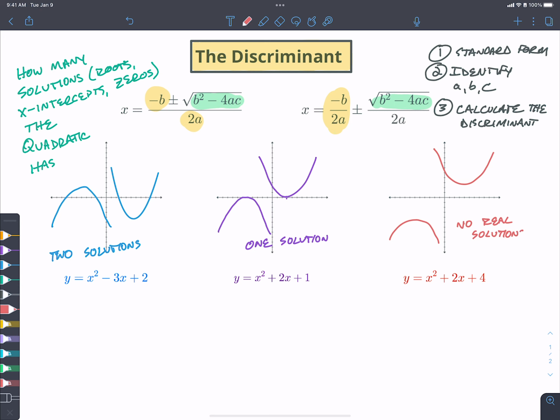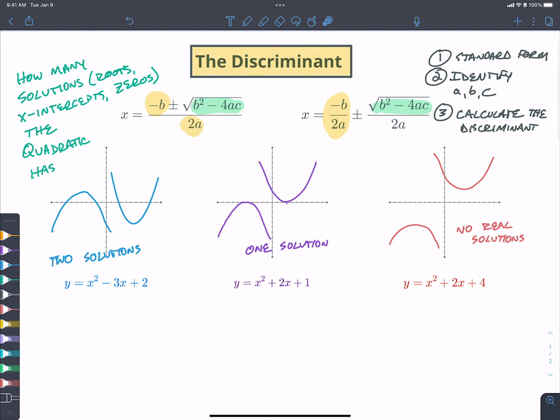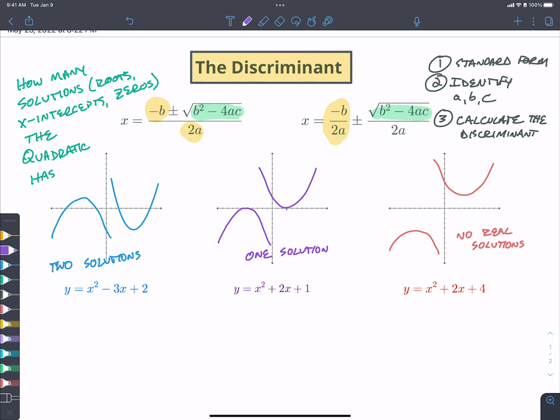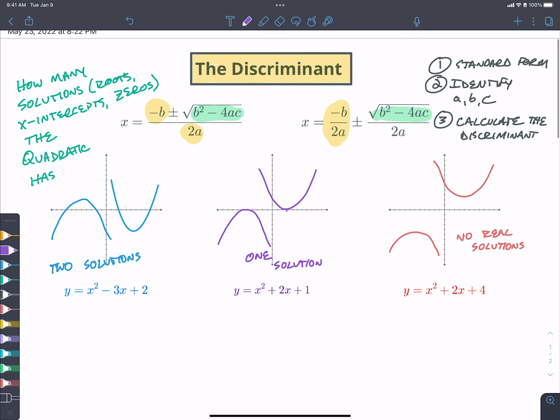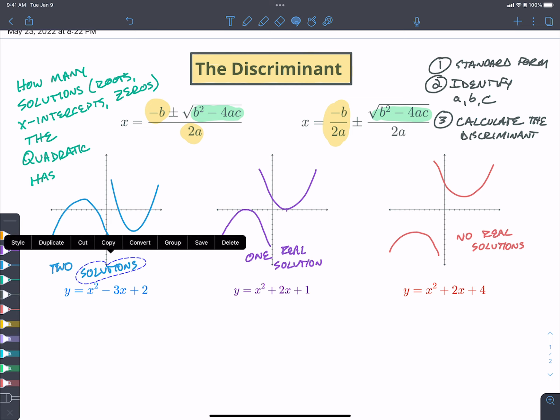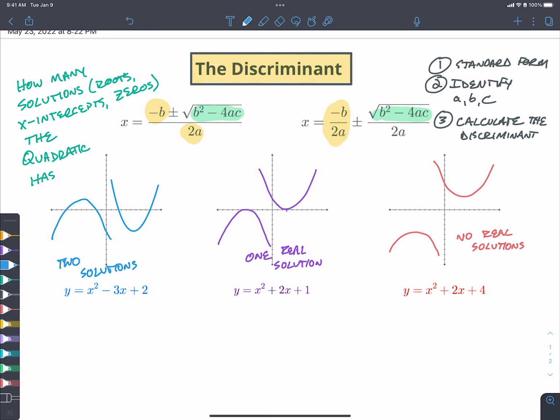And we say there's no real solutions because you can actually find these things with imaginary numbers, but we say no real solutions because that's mostly what we're working with. So you could also say there's one real solution here too. If we want to be a little more precise, we say one real solution. And that just means real numbers, the numbers that we typically work with, not imaginary numbers. So we'll say here there are 2 real solutions.